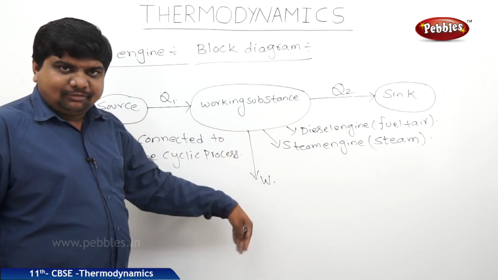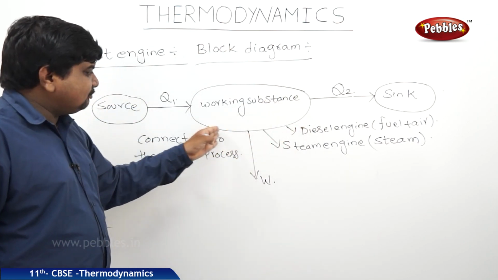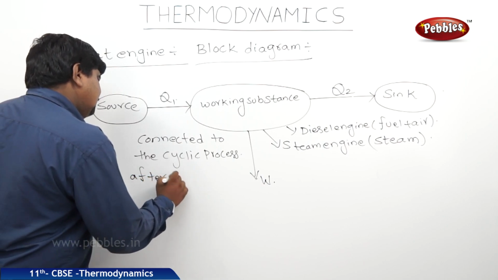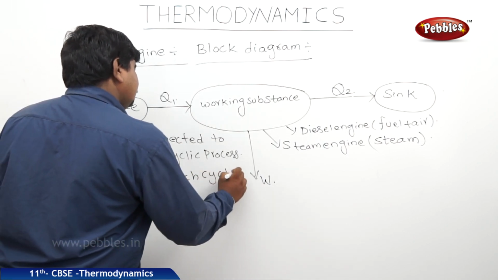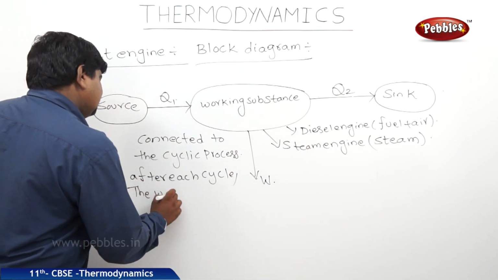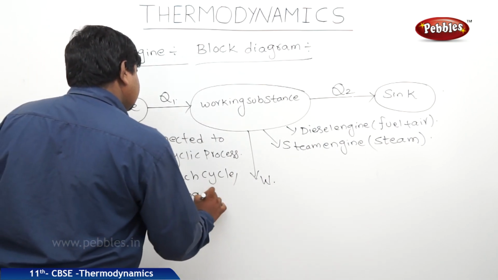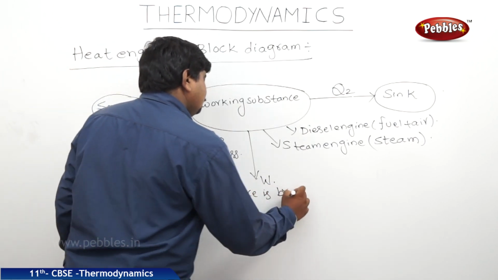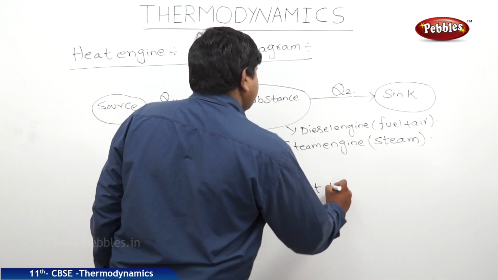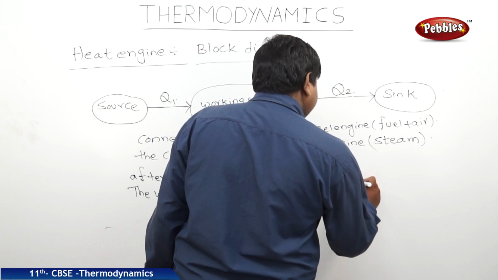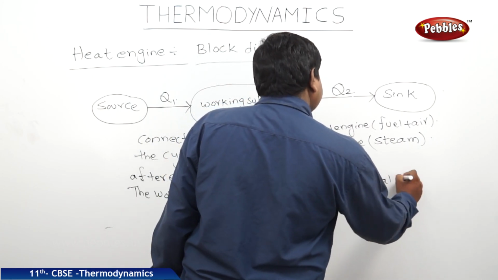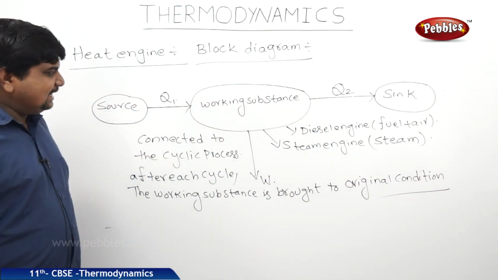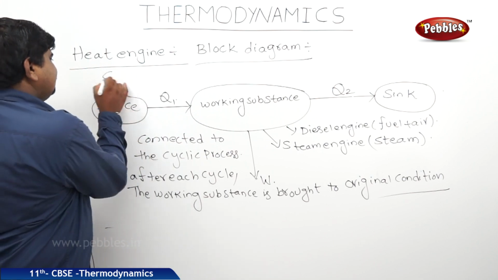After every cycle, once it does work, the working substance is brought back to the original condition. So this is an example of a cyclic process as well as a reversible process.